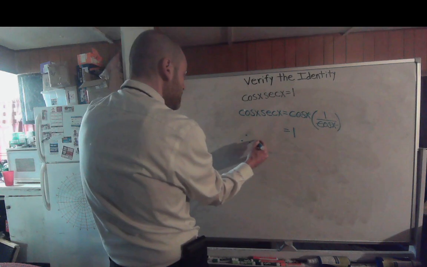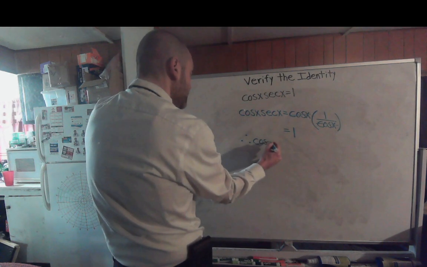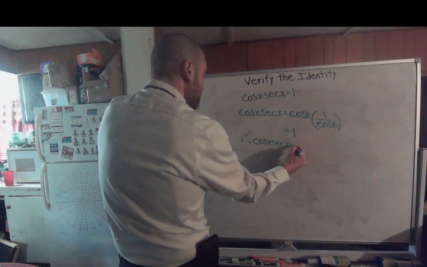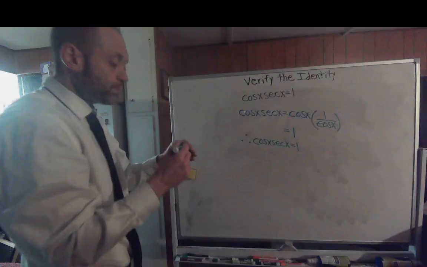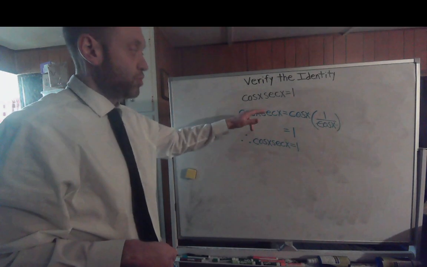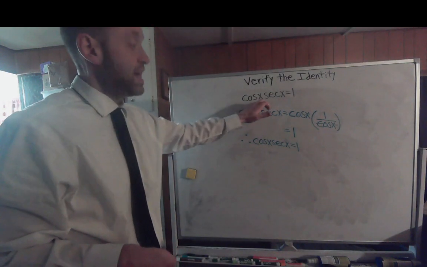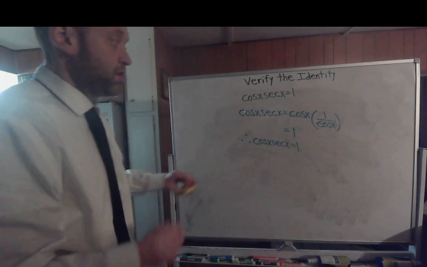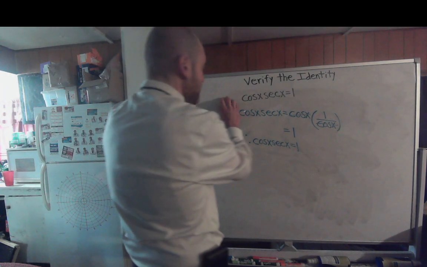Therefore, the cosine of x times the secant of x equals 1. So always have the therefore statement once you've proven that the left side equals the right. And that's really all there is to verifying these identities. It's really not that bad.